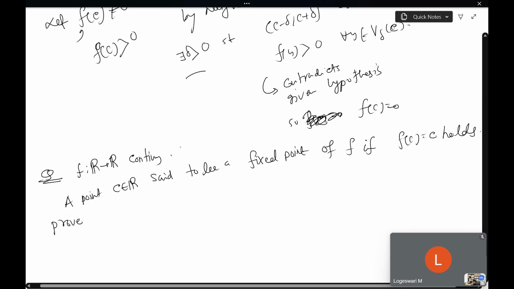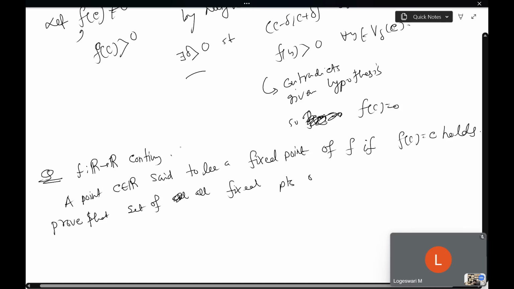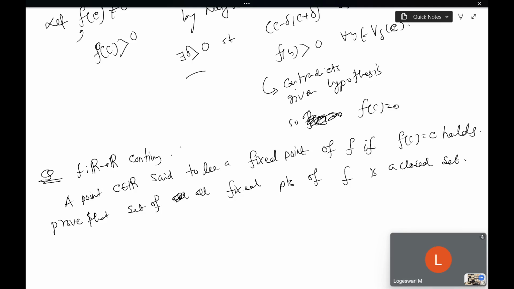Prove that the set of all fixed points of f is a closed set. So we need to basically show that the set of fixed points is a closed set.